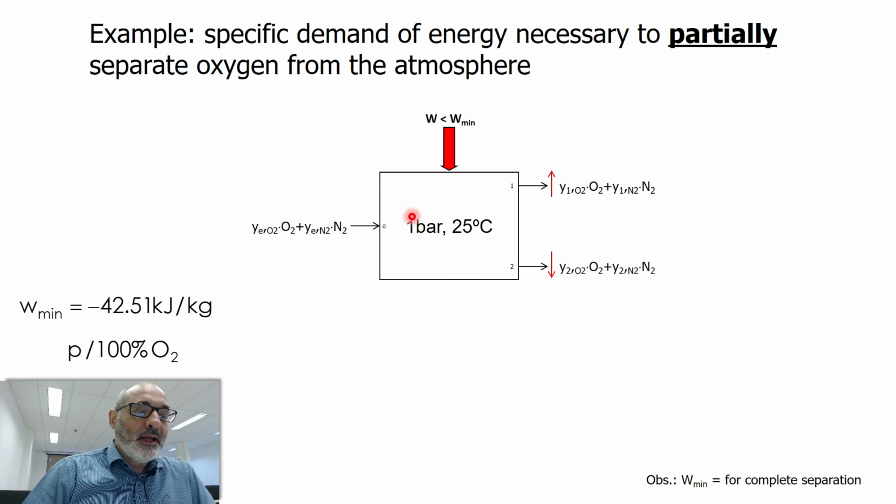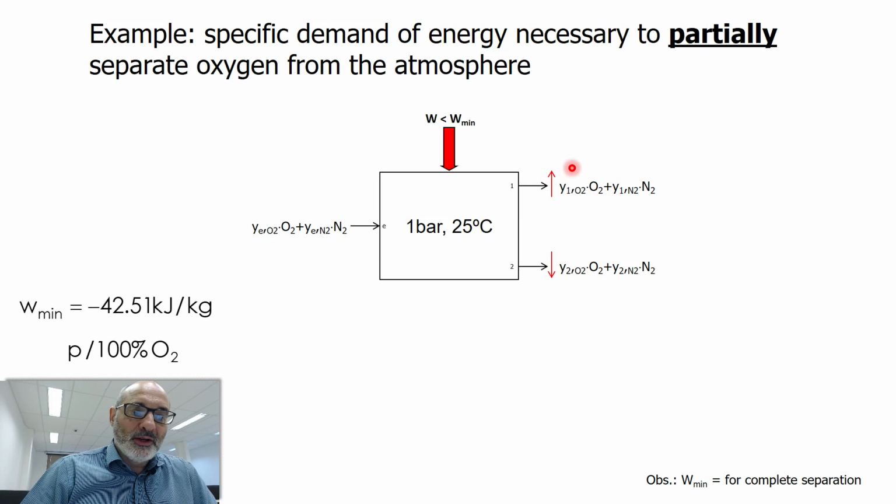The index E stands for the entrance, and the indices 1 and 2 stand for output number 1 and output number 2. So Y1 is the concentration of nitrogen at exit 1. I hope there's no problem with this convention. As I was saying, the idea is to increase the concentration of O2 at, let's say, exit number 1.